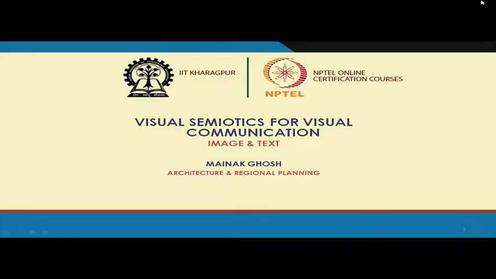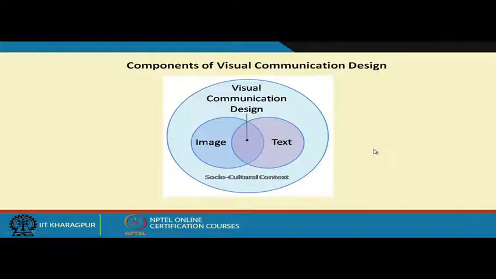So if you remember, today we are going to talk about image and text in precise. One of the components of visual communication design were the two components, image and text, in conjunction with a socio-cultural context.